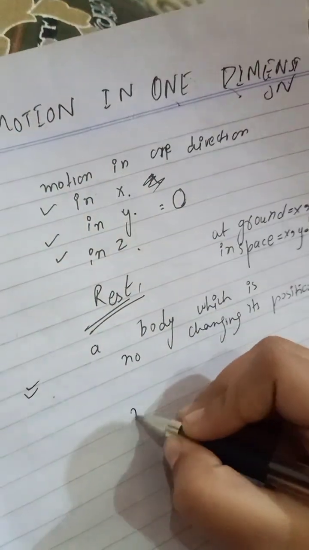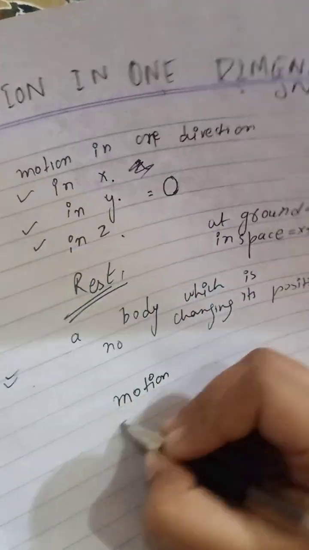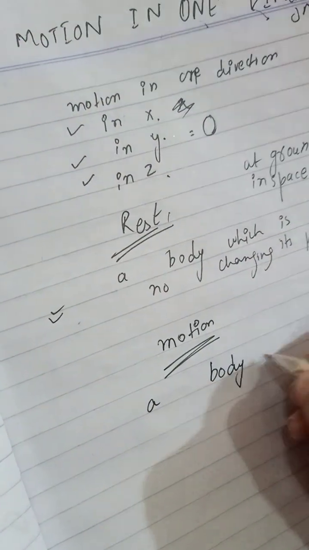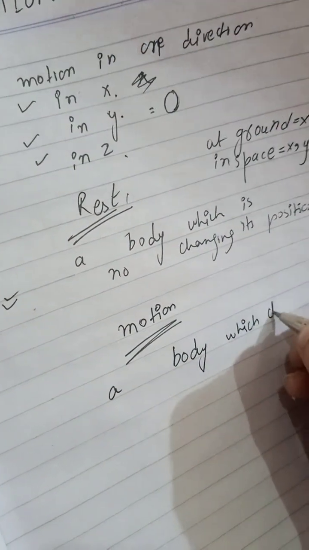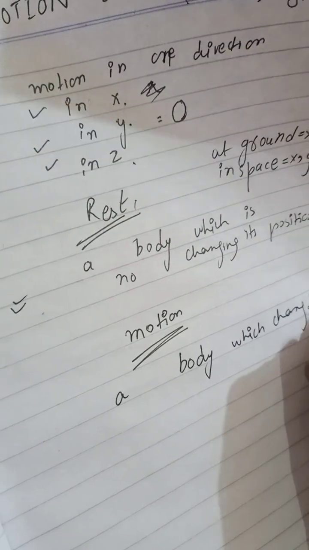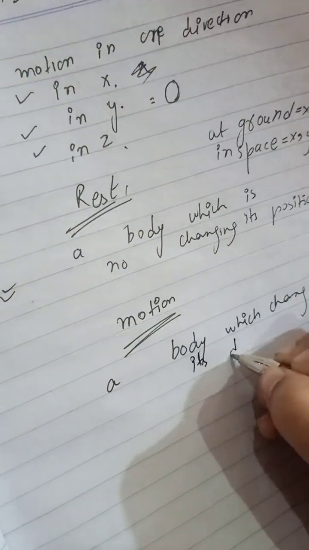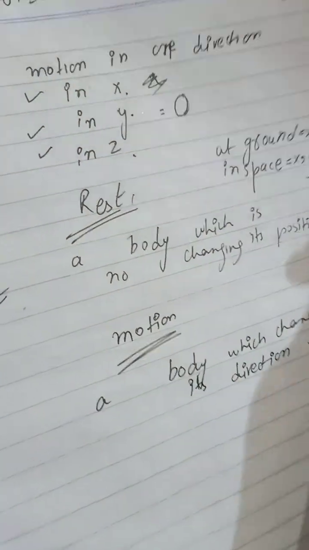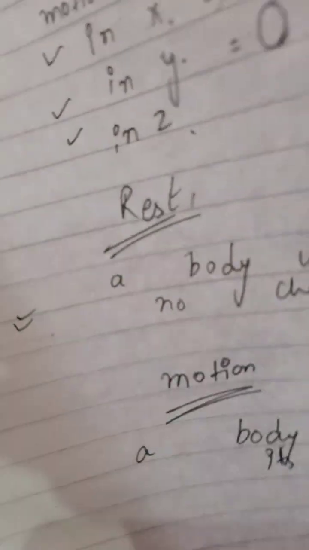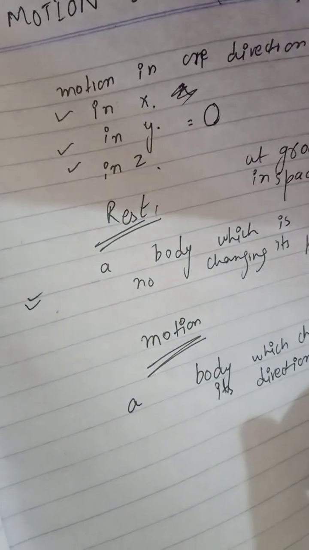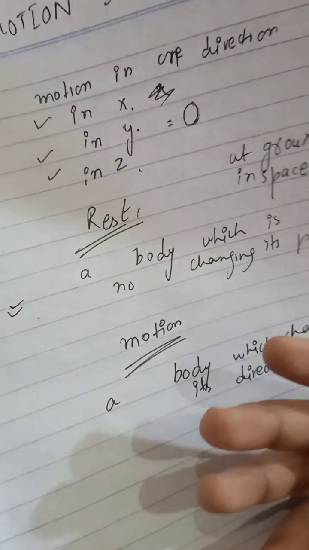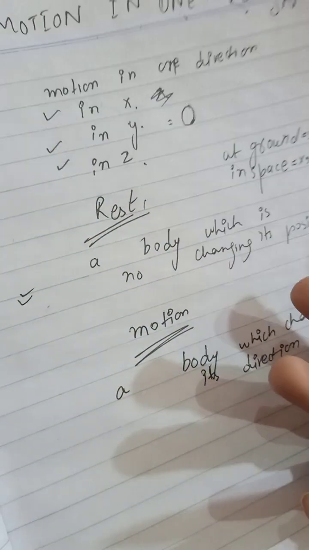Okay, now the next is motion. What does motion mean? Motion means a body which changes its direction. For example, take a person who is walking or running, so the person is changing position.